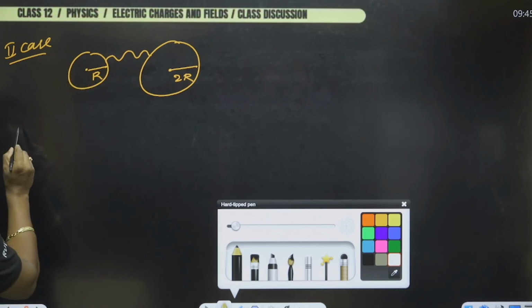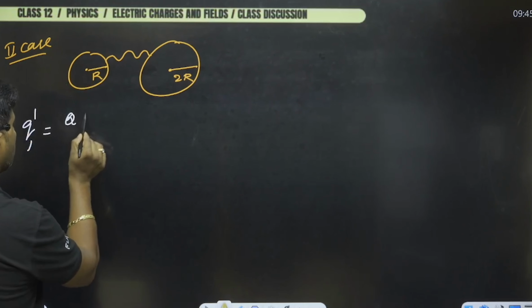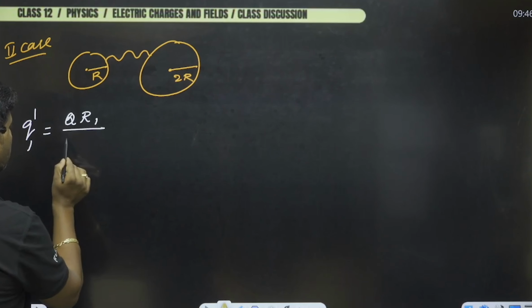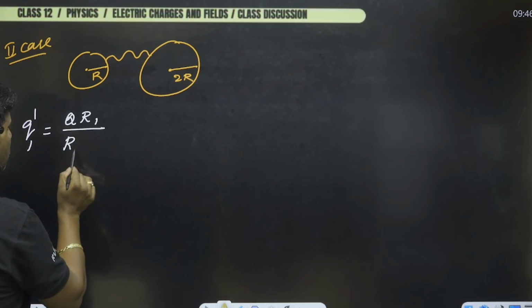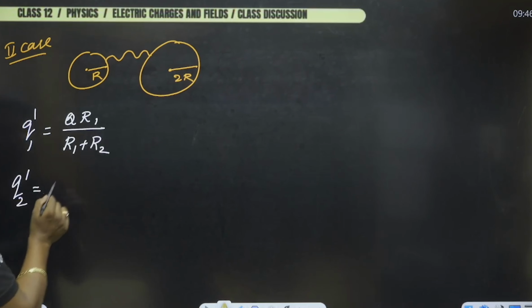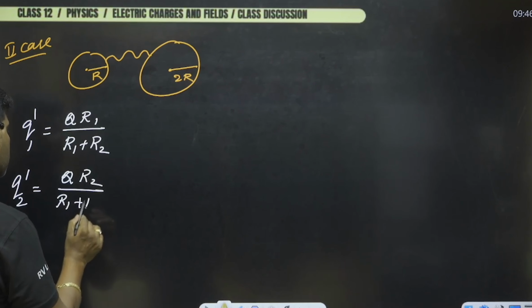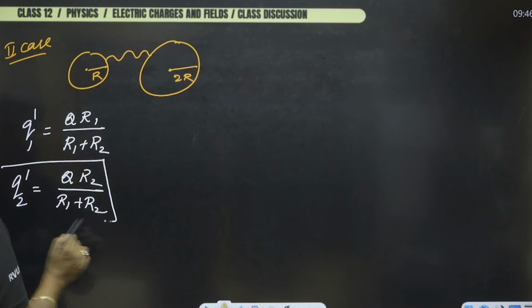Therefore, what is the new charge? Q1 dash can be written as Q into R1 divided by R1 plus R2, and similarly Q2 dash becomes Q into R2 divided by R1 plus R2. This is a shortcut formula you can remember.